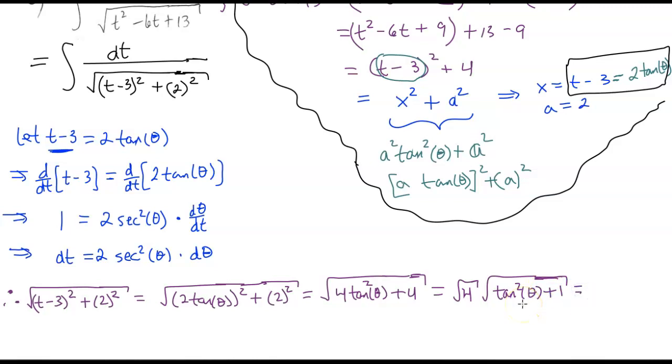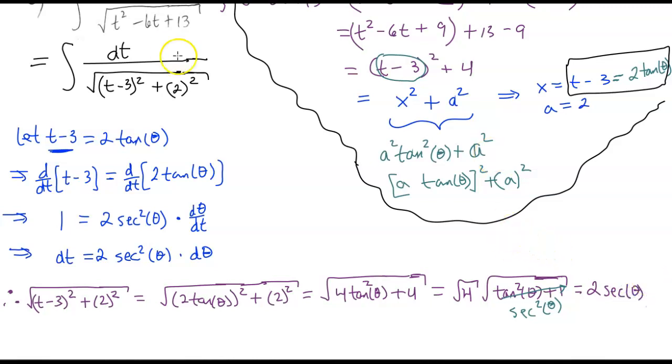And of course, square root of 4 is just going to be 2. And we know here that tangent squared plus 1 is just going to be secant squared theta. And square root of secant squared theta is going to be absolute value of secant. But if you remember in the part 1 video, we're going to assume that we're always looking at the non-negative option here. So that's just going to be 2 secant theta.